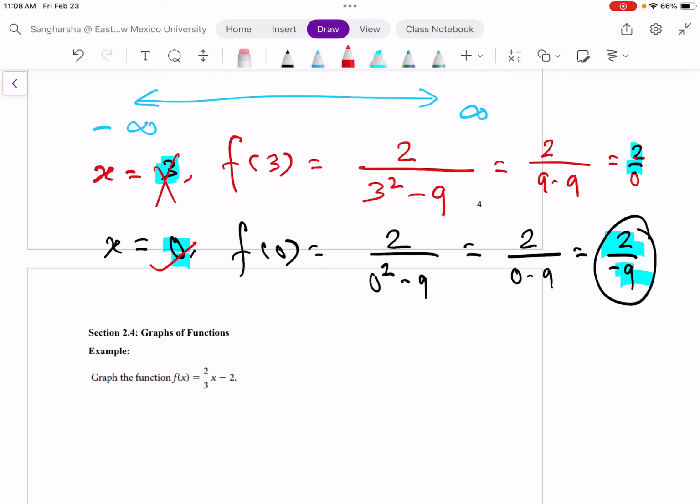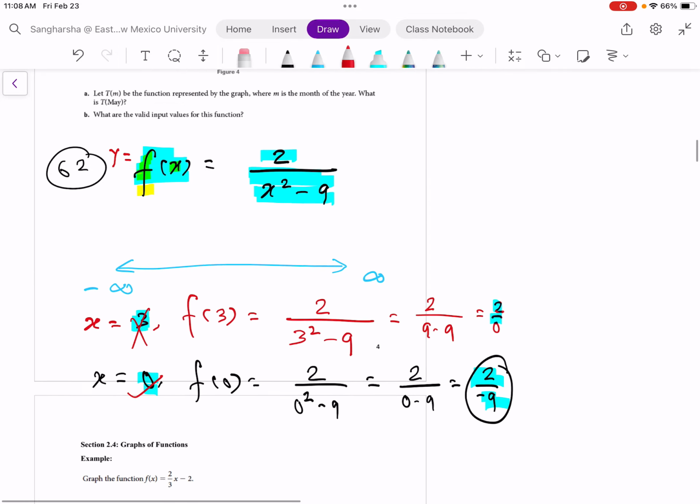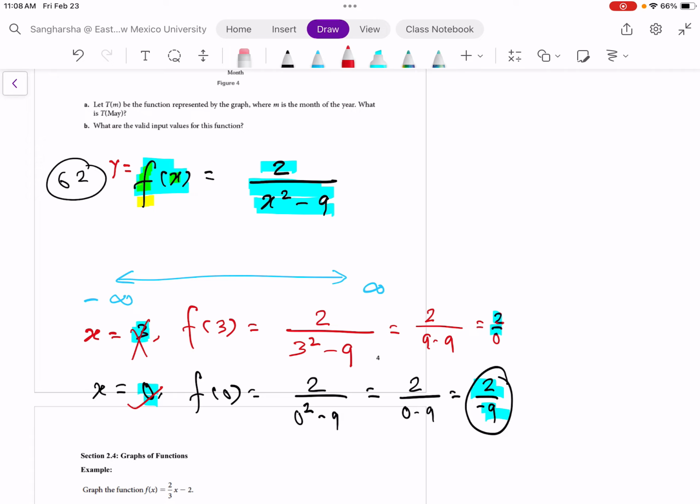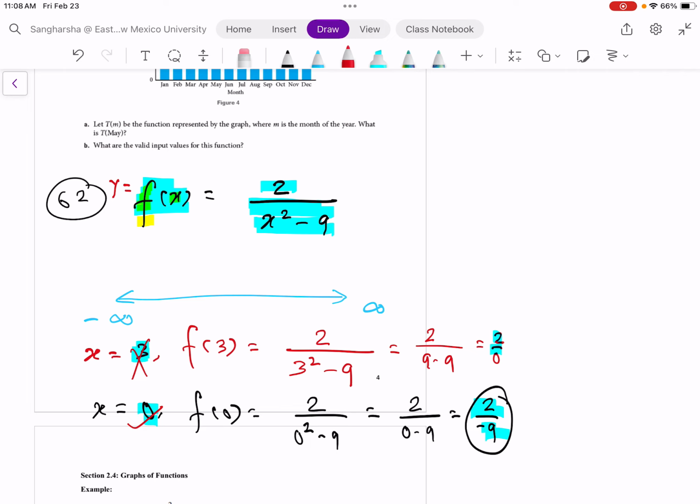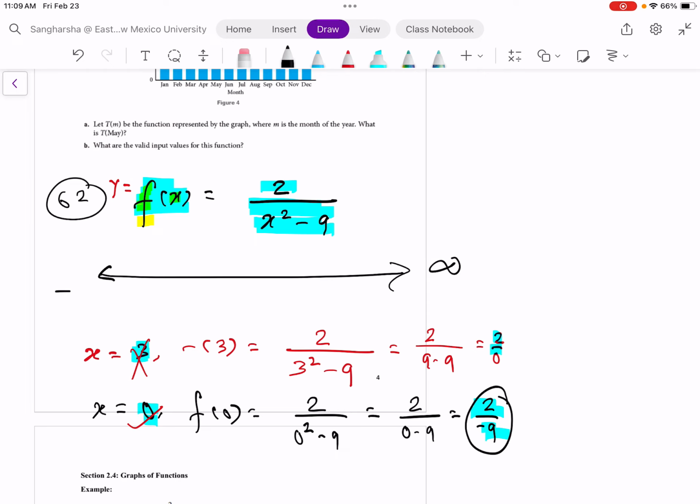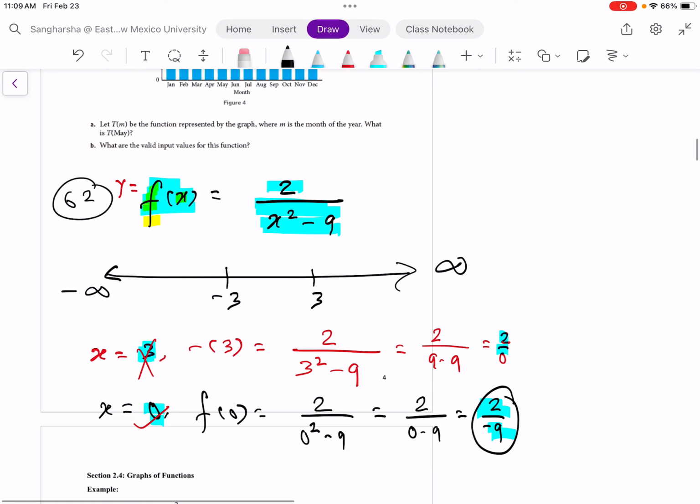Okay, so this is a rational function, and whenever you have a rational function, you look for a number that makes the denominator equal to 0, and those numbers are not the domain, but the remaining numbers are domain. So out of the real numbers, our two numbers negative 3 and positive 3 are not the domain.